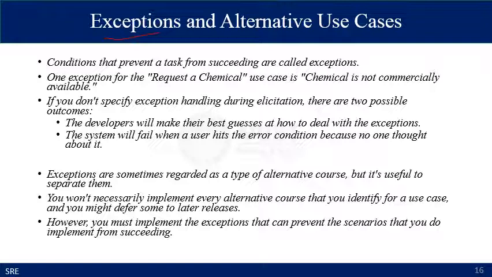Exceptions are sometimes regarded as a type of alternate course, but it's useful to separate them. You don't necessarily implement every alternative course that you identify for a use case, and you might defer some for later releases. However, you must implement the exceptions that can prevent the scenario that you do implement from succeeding.